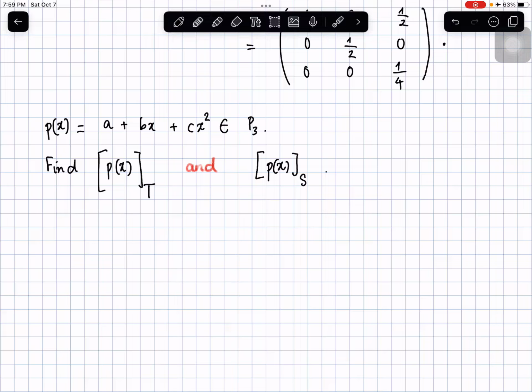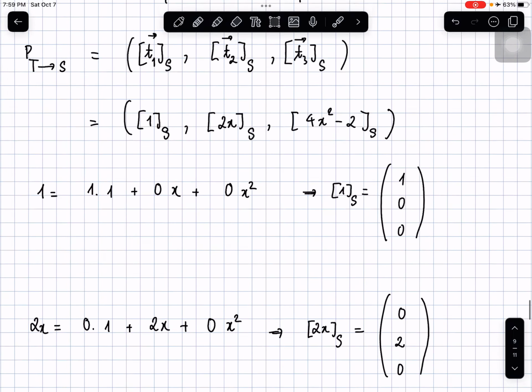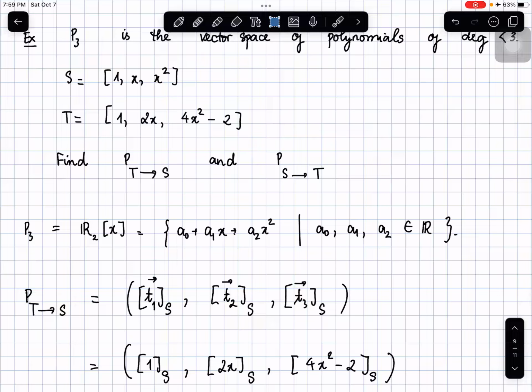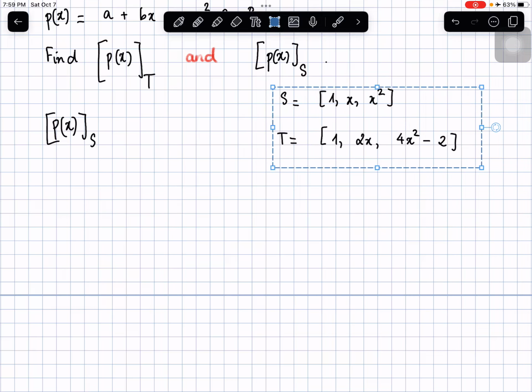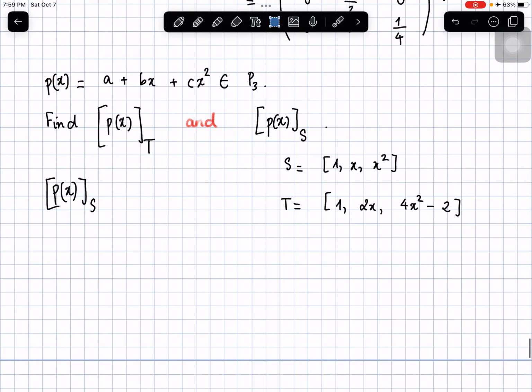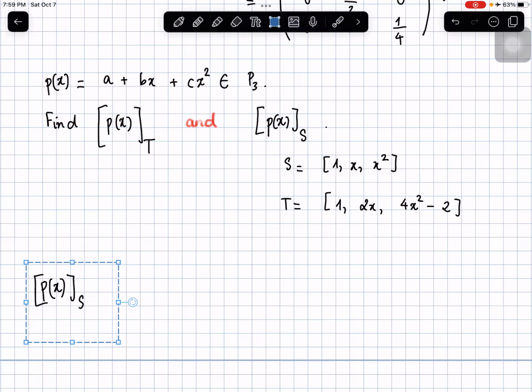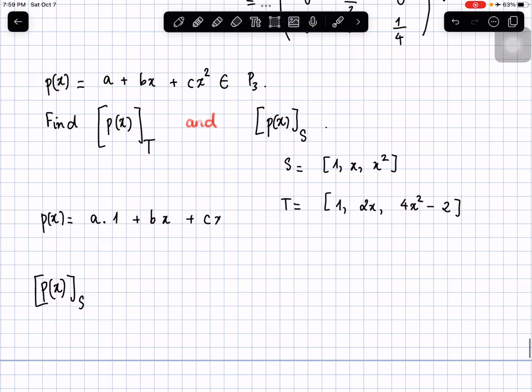The coordinates of p(x) with respect to S, where S is the standard basis and T is this other basis. So we know that p(x) is written as a linear combination of vectors in S: a times 1, b times x, c times x squared.